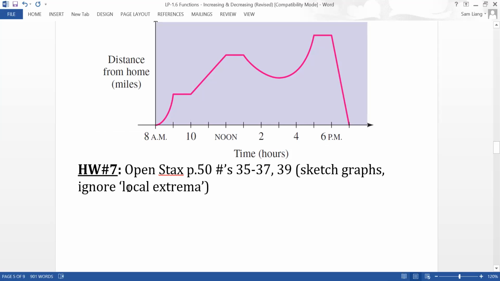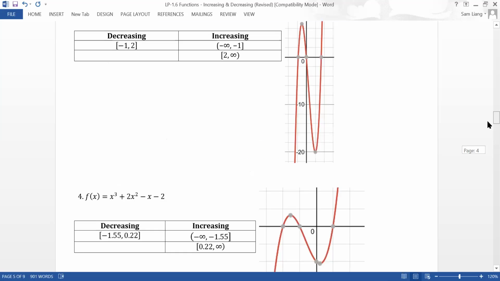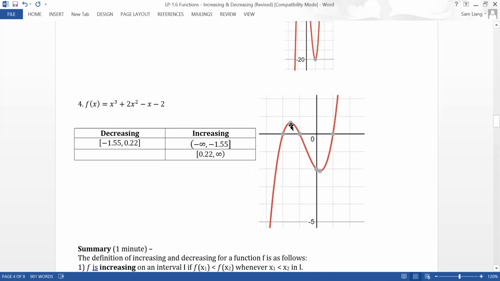And you don't have to identify the local extrema. Just as a recap though, the local extrema were those points that we just identified. So negative 1.55, and whatever the y coordinate was, and then 0.22, and whatever the y coordinate for that was. That's what I mean by local extrema. You don't have to identify that, but feel free to.